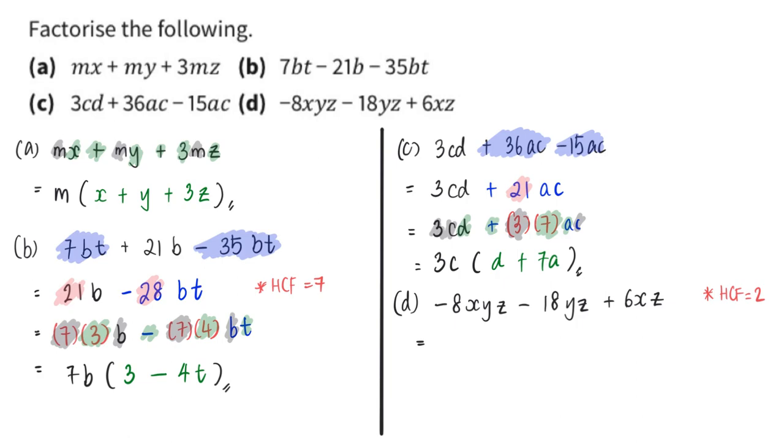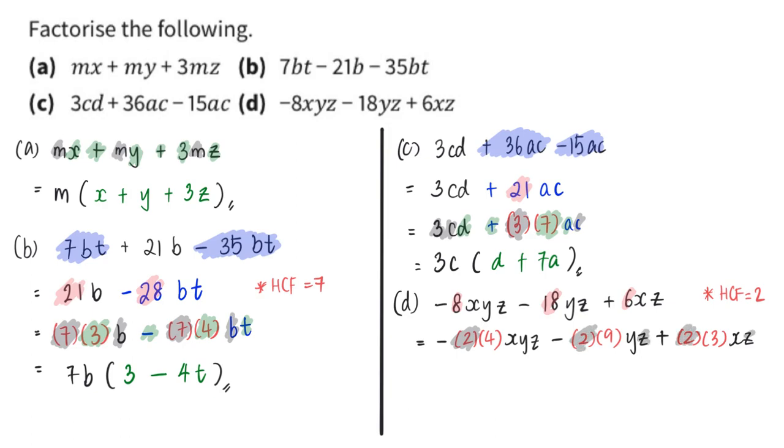Meaning that my 8, 18, and 6, I will rewrite them as 2 times 4 for this. 18 will be rewritten as 2 times 9. 6, I will rewrite it as 2 times 3. So that you can see that the common factor is indeed 2.